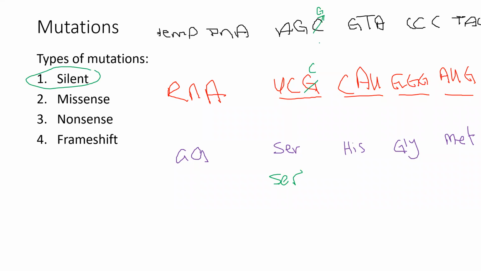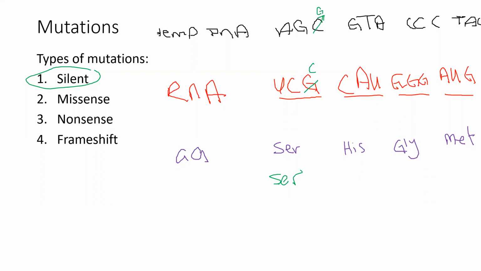Because even though there was a mistake at the DNA level, some amino acids have multiple codons, and we call that redundancy in the genetic code. Okay, you'll look at your codon wheel and go to UC, and then look at that last nucleotide. So UCU gives us serine, UCC gives us serine, UCA gives us serine, UCG gives us serine.